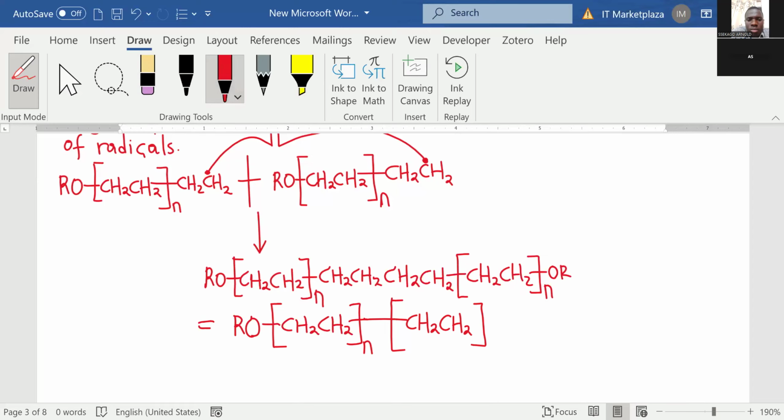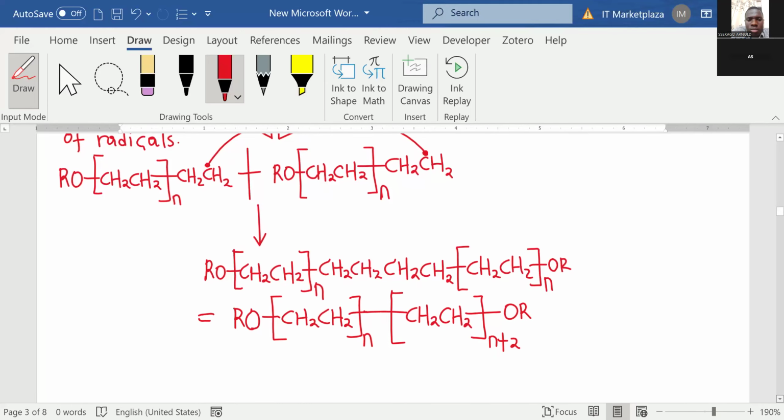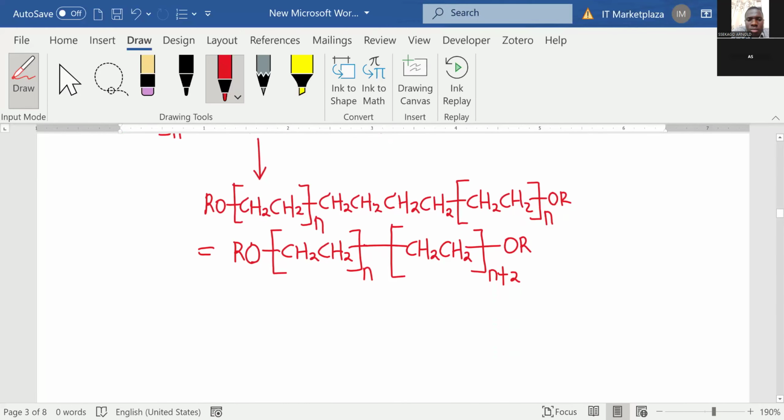So this now shall become Ne plus 2 OR, like that. Still, I want to convince you that this is the same thing as having RO.